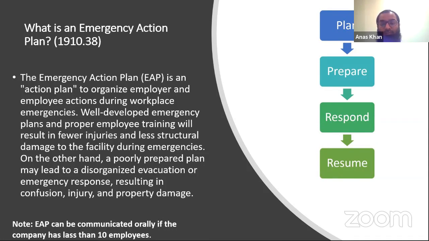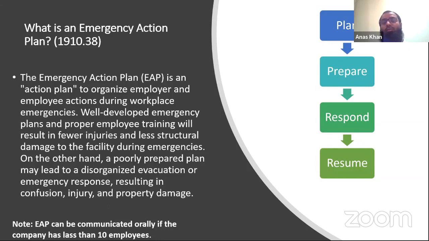Falling from height. Scaffolding collapse. Wall collapse is very common. Very good. What about gas leakage, explosion, bomb threat, right? Floods. Those areas which are near to the sea or near to the river can have floods, right? Tornadoes, adverse weather. Those who are living in Tabuk feel adverse weather many times in a year.